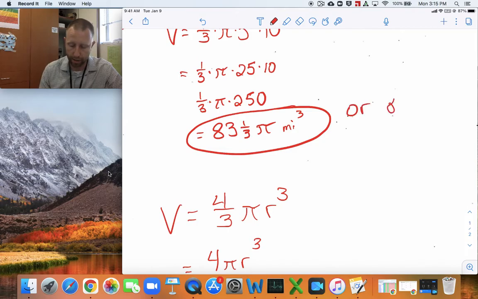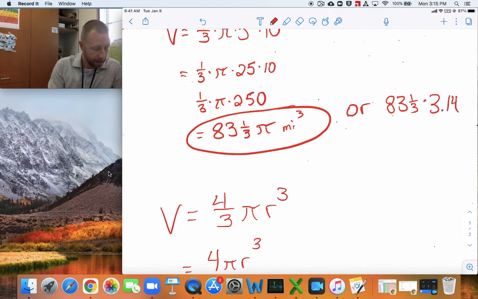Or I'm actually going to multiply 83 and 1/3 by pi, so times 3.14. And when I type that into my calculator, I get 261. Put an equal sign there.